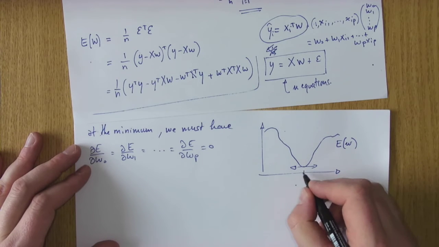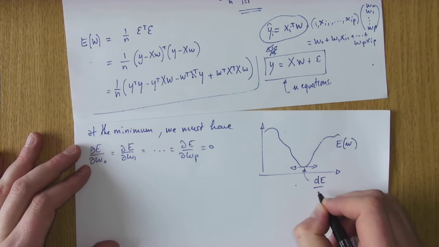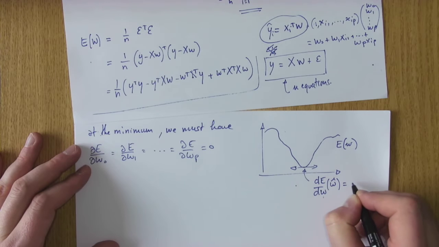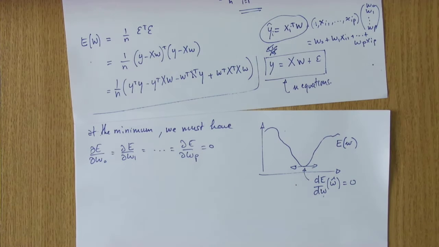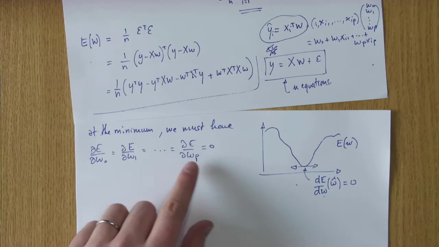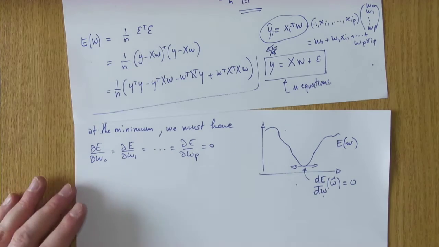Then at the minimum, we know we have the derivative of that function, which is 0. Okay. And the same argument goes for n-dimensional space, so it has to be true for every single one of these variables.